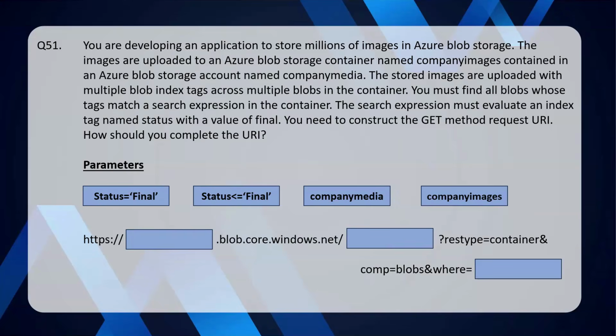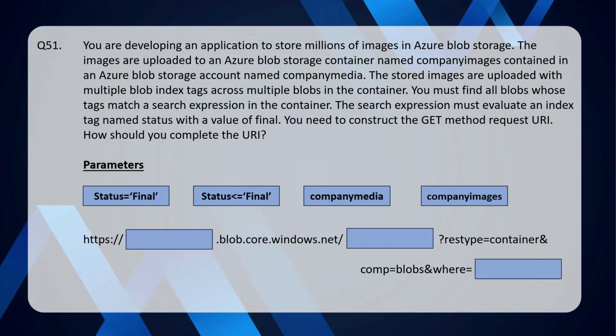You are developing an application to store millions of images in Azure Blob Storage. The images are uploaded to an Azure Blob Storage container named Company Images contained in an Azure Blob Storage account named Company Media. The stored images are uploaded with multiple blob index tags across multiple blobs in the container. You must find all blobs whose tags match a search expression in the container.